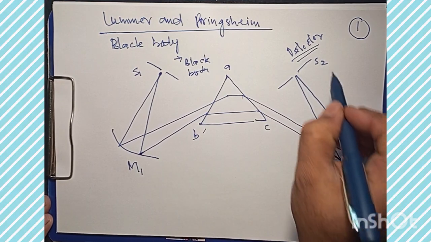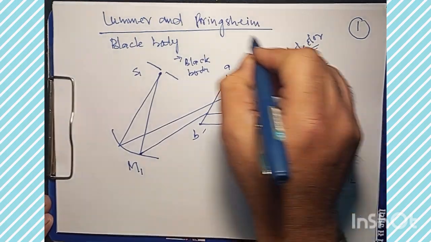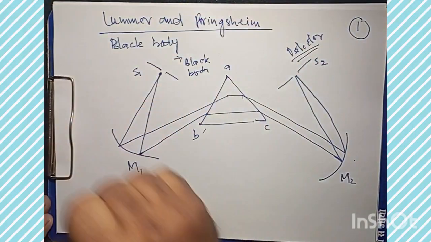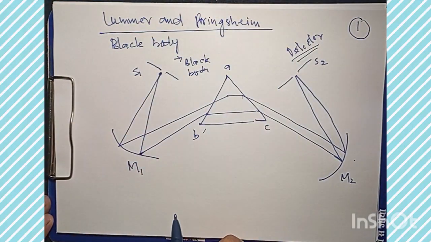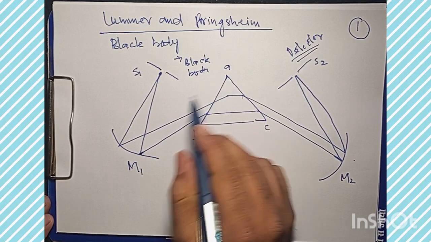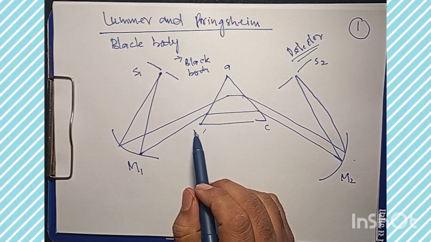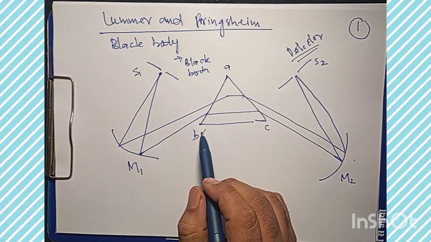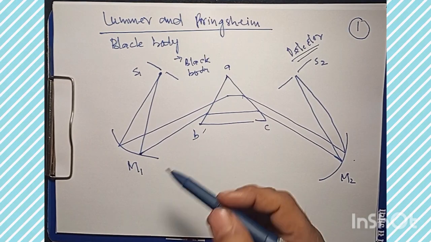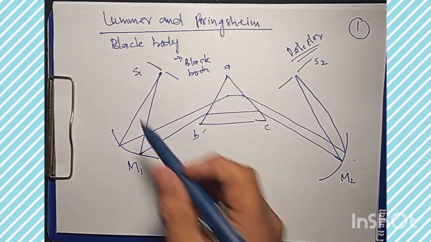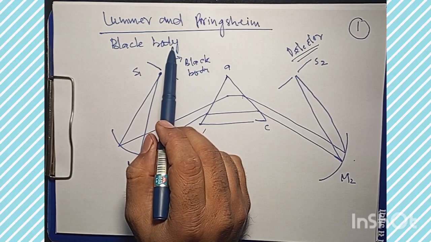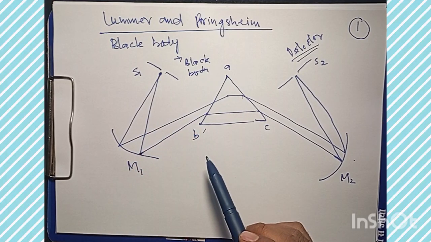This measurement can be done throughout the course of 360 degrees. So this is how the original experiment conducted by Lummer and Pringsheim looked.